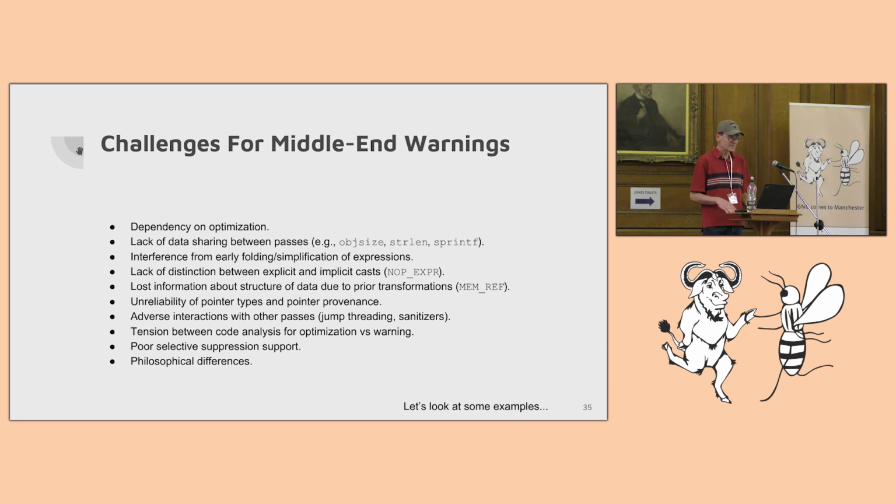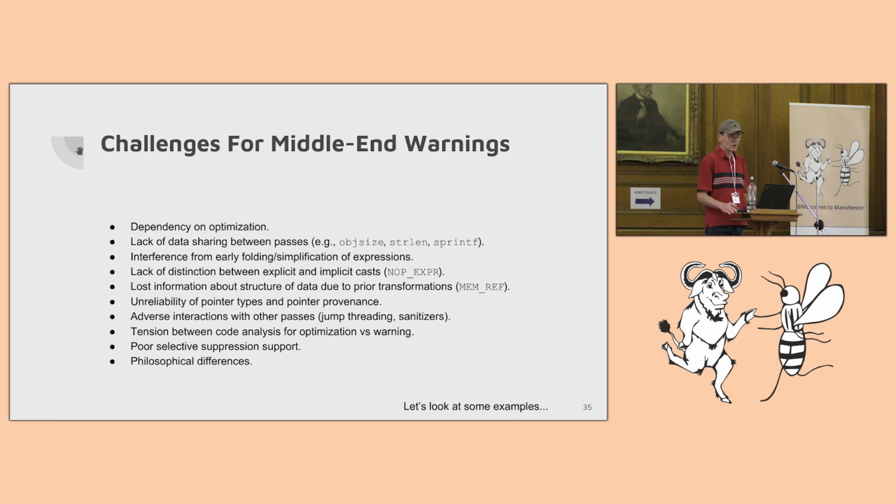The string length pass is another pass like it that computes the lengths of strings that are dynamically computed by a program, but those lengths are not exposed to other passes. Therefore, the warning pass that sits outside of the strlen pass will not see those lengths. The sprintf pass has a similar problem.